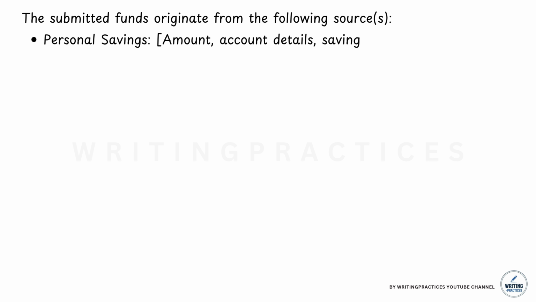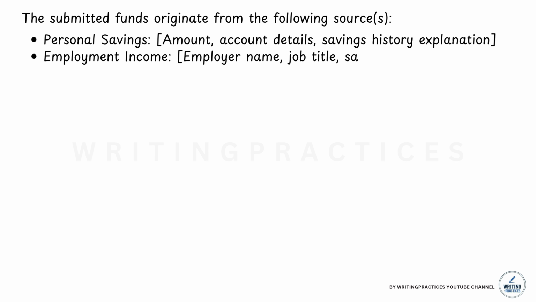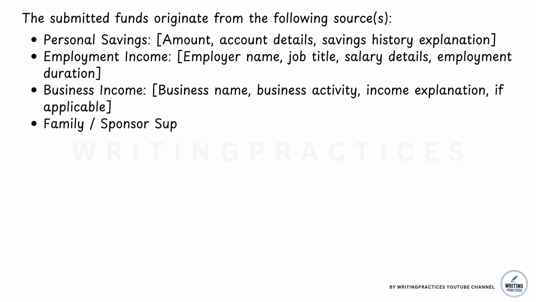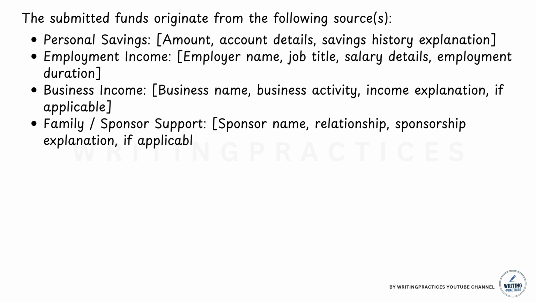Source of funds section. Next, explain where the money came from. For example, the submitted funds originate from the following sources. Personal savings, $18,000 accumulated over 5 years through regular monthly savings. Employment income, employment with Horizon Digital Solutions as a senior systems analyst, earning $6,800 per month for the past 4 years.